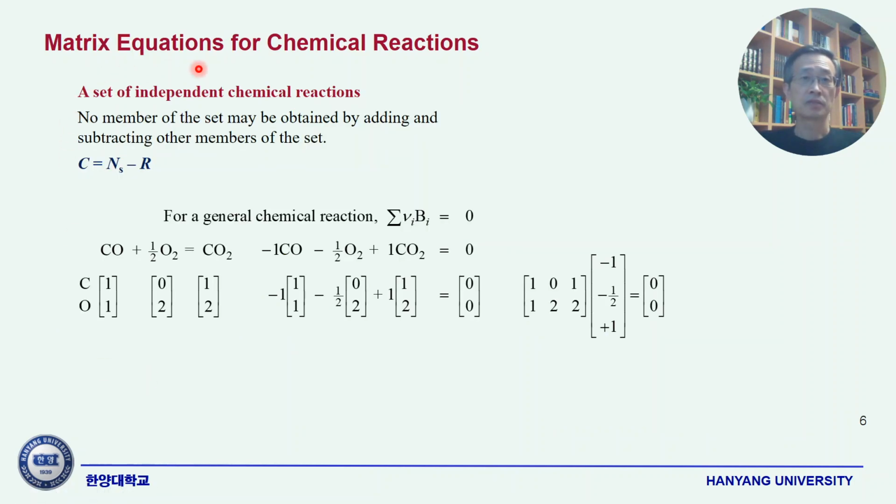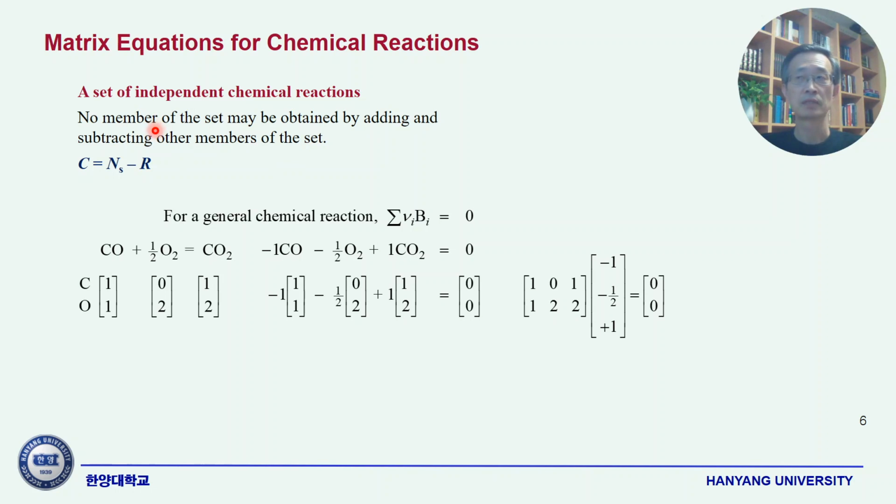Okay, so matrix equation for chemical reactions. Well, first of all, this is not, as I said, directly material for chemical kinetics. In chemical kinetics, you may even have competing equations or several similar sets of equations going from reactant to product. But here we are going to identify a set of independent chemical equations. What does it mean by independent?